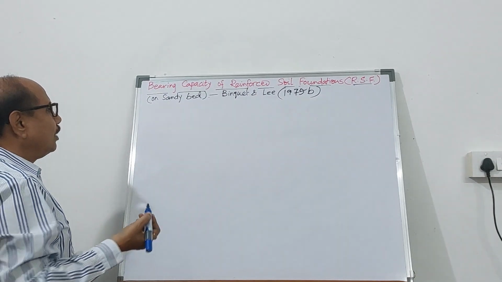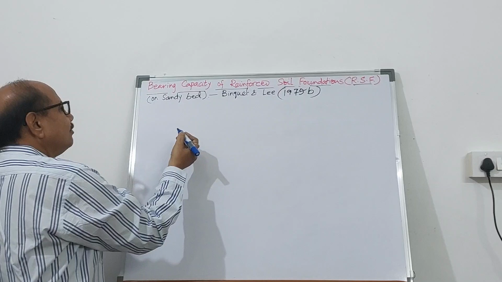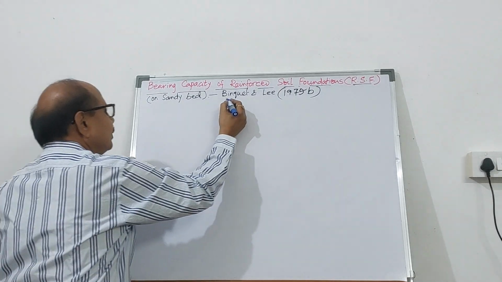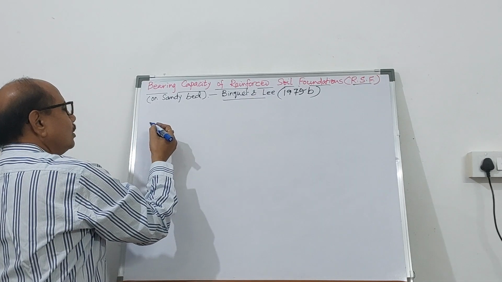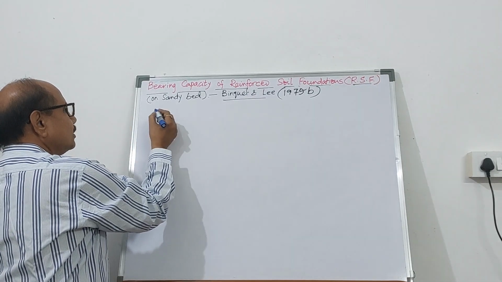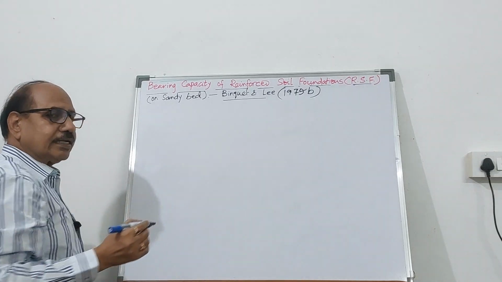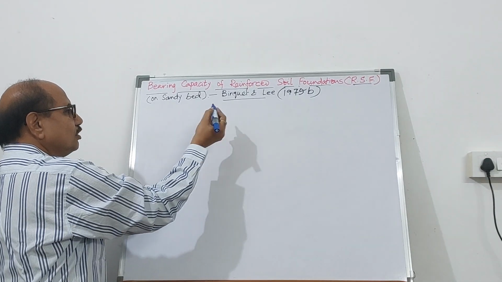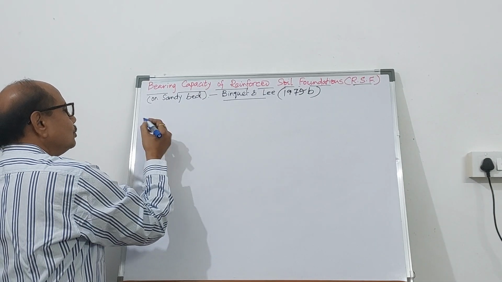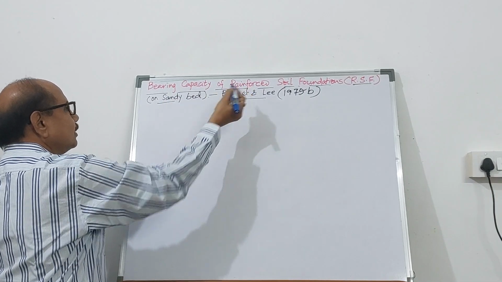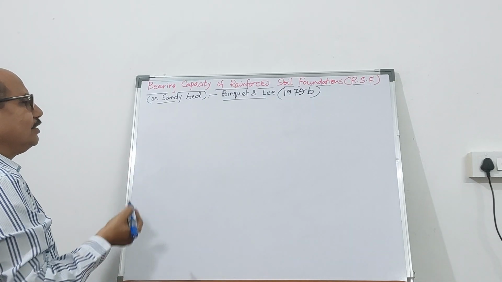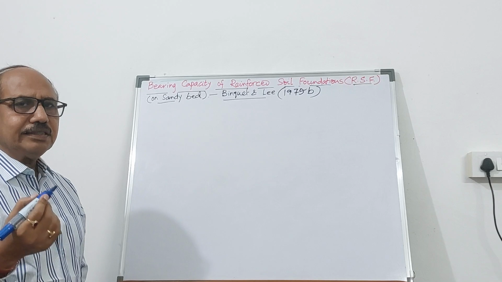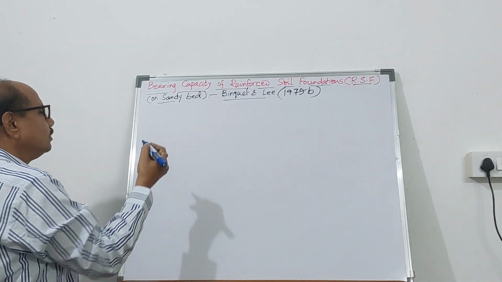If you have a continuous footing or a strip footing, the work by Binquet and Lee, the analysis and the experiments, were carried out on a reinforced sandy bed, and he gave the analysis based on the experimental data he developed.